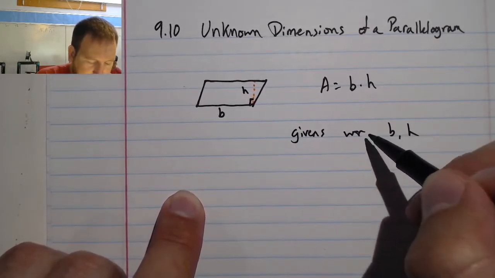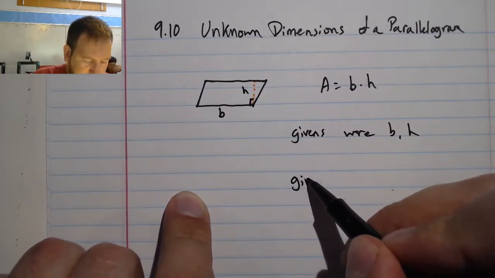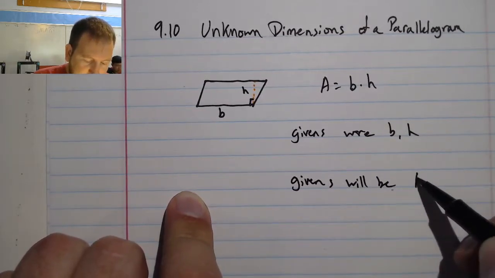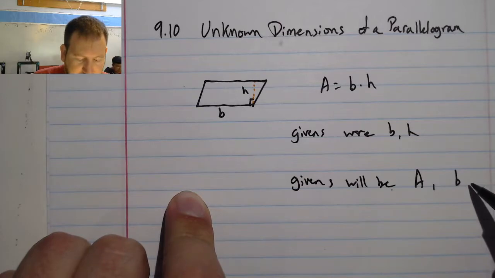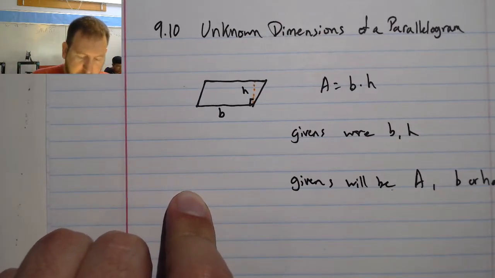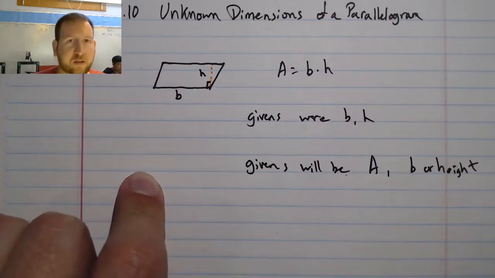This time, my givens will be the area and base or height, and we will be needing to find the missing dimension.